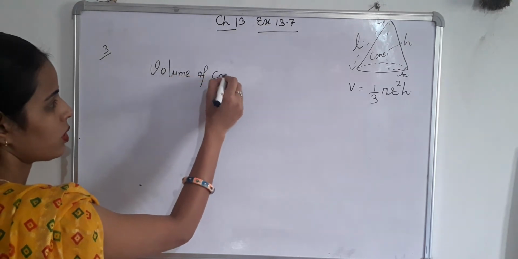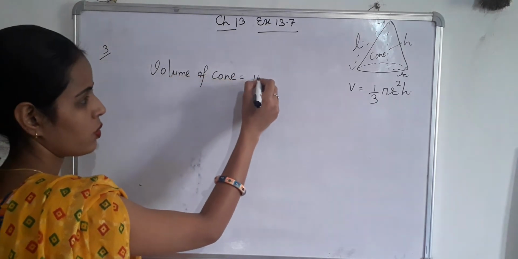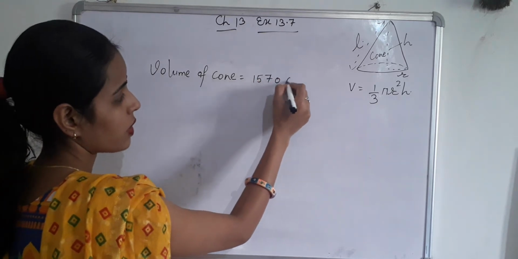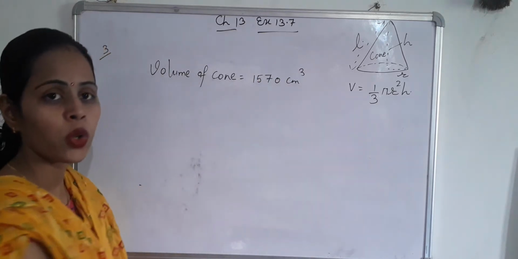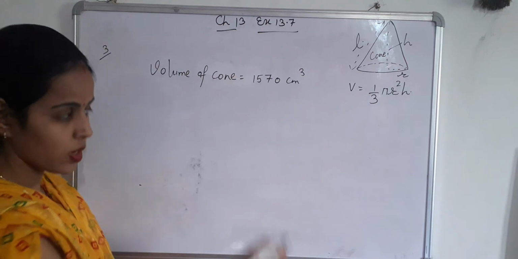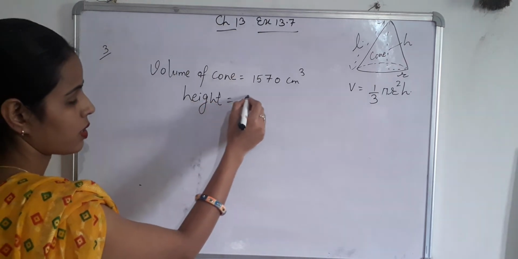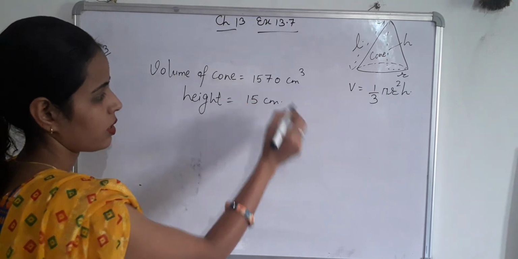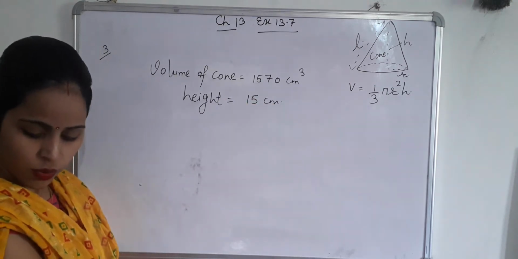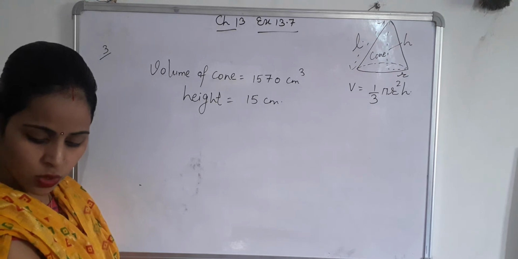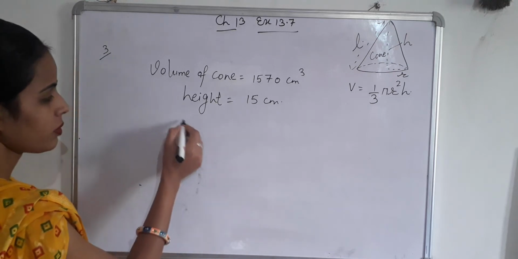Volume of the cone is equal to 1570 centimeter cube. Height is also given, 15 centimeter. Find the radius of its base.